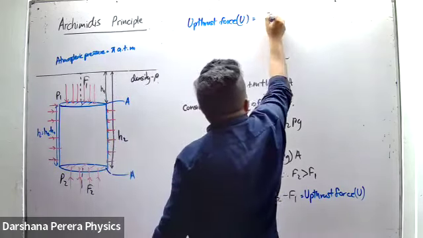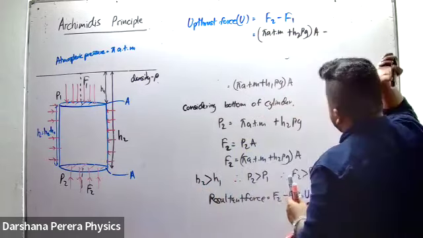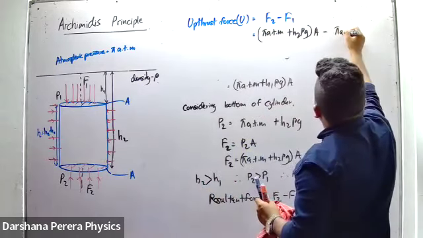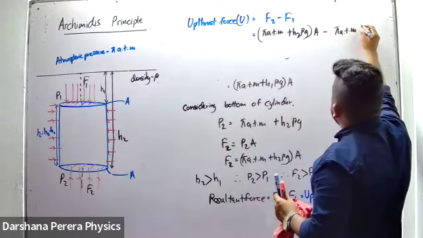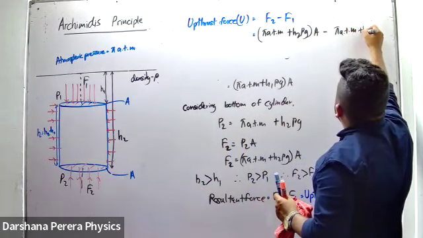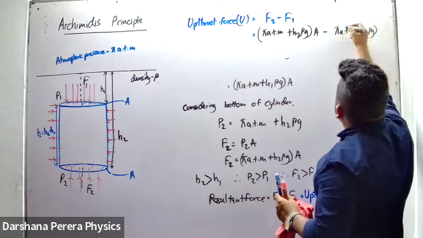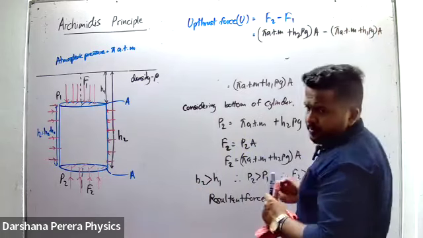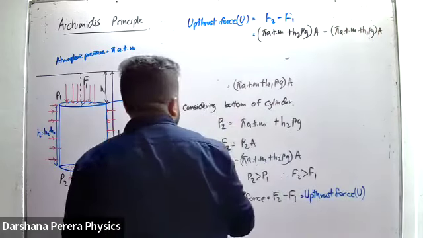F2 means P atm plus H2 rho g into A, minus P atm plus H1 rho g into A. I think it's clear.